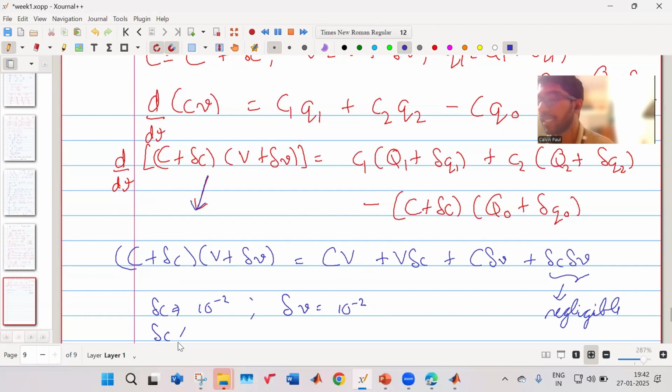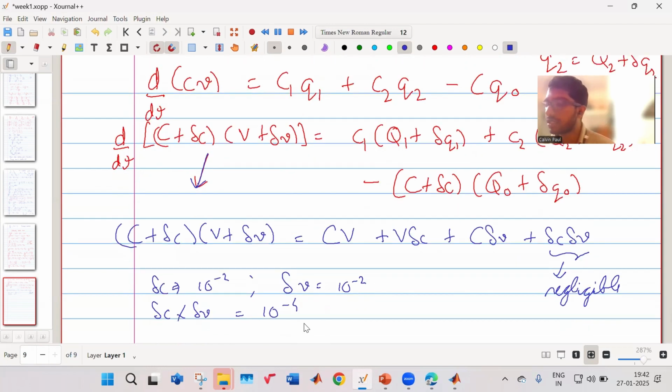So if you multiply delta C into delta V, what will you get? You will get 10 to the power minus 4, which is even smaller. Can we assume delta C is much smaller than C? Delta V is much smaller than capital V. So this way the product of delta C into delta V is also very small and negligible. So this is an assumption which holds valid under certain conditions.